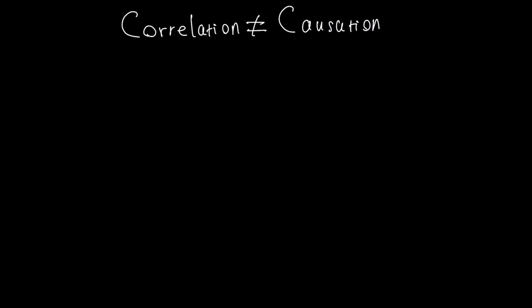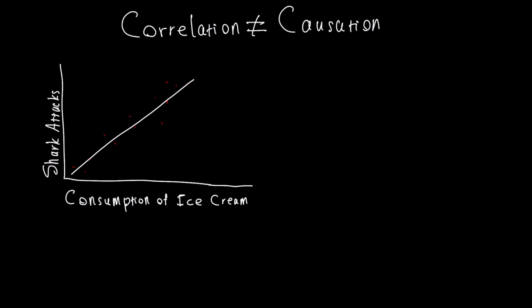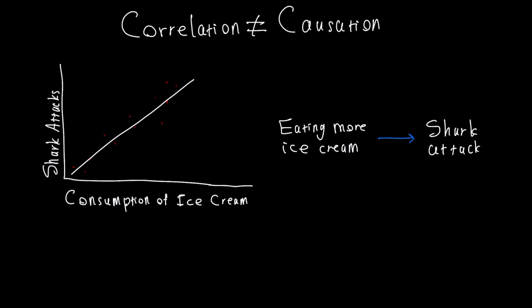Now, we talked about correlation doesn't mean causation. Here's a scatter plot that shows the number of shark attacks and consumption of ice cream over time. And as you can see here, it looks like shark attacks are correlated with how much ice cream people eat. Now, does this mean that eating more ice cream causes shark attacks?